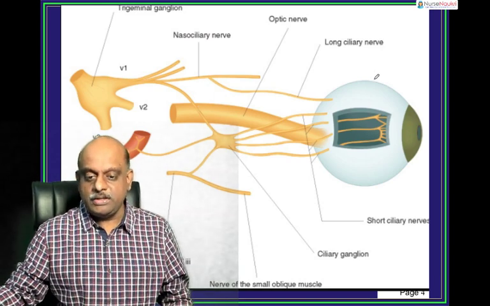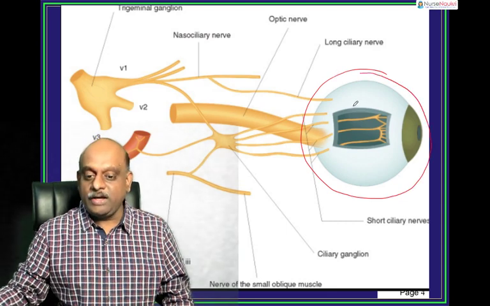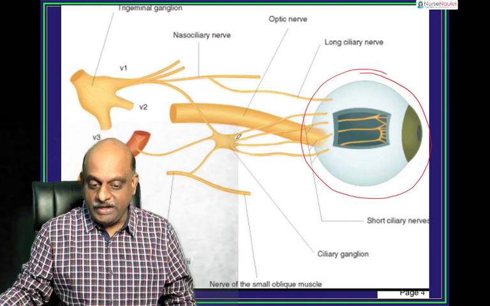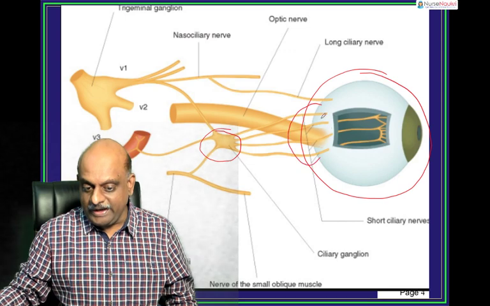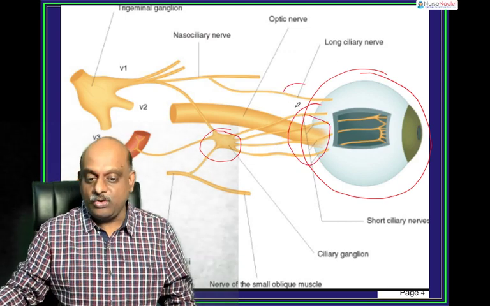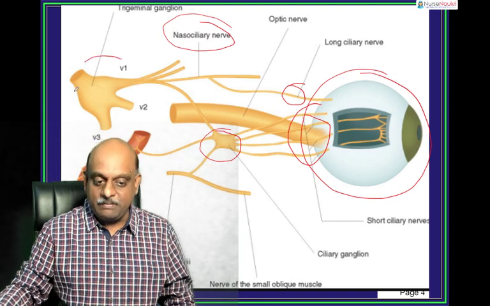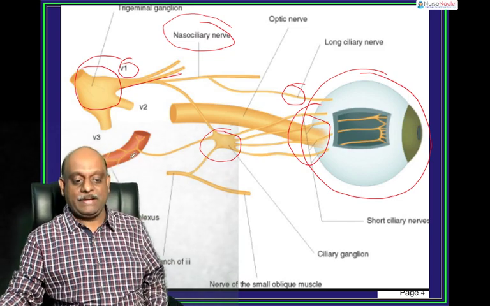So doctor, this is very important to be understood about our eyeball. You have classically the ciliary ganglion is located here. These are the short ciliary nerves, and this is the long ciliary nerve, which is the branch of the nasociliary nerve, which is the branch of the trigeminal ophthalmic division, is what you need to remember.